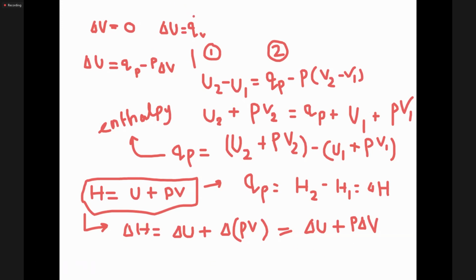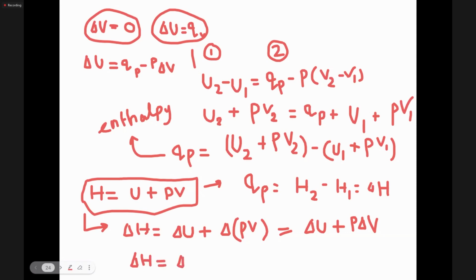At a constant volume, that is delta V equal to 0, in the first step we have shown that delta U is equal to QV. So when delta U is QV, and at a constant volume, since delta V vanishes, delta H becomes equal to delta U. So the change in enthalpy and the change in internal energy will be equal in case of a constant volume process, or isochoric process.